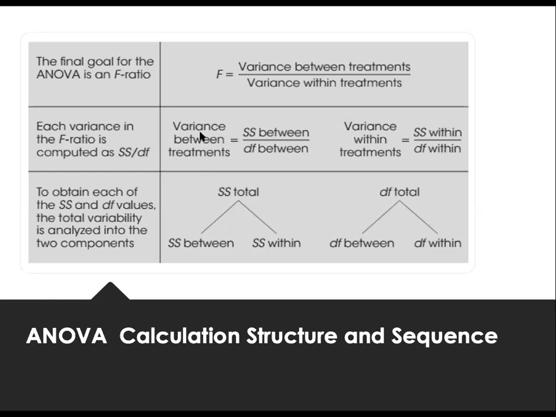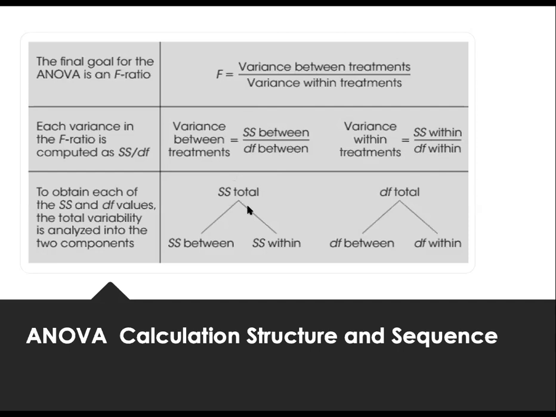Each variance in this F ratio is computed as sum of squares divided by degrees of freedom. So again, for the numerator, variance between treatments, we're going to have sum of squares between divided by degrees of freedom between. For variance within, we're going to have sum of squares within divided by degrees of freedom within. And then let's break it down even further. Where are we going to get sum of squares between, sum of squares within?